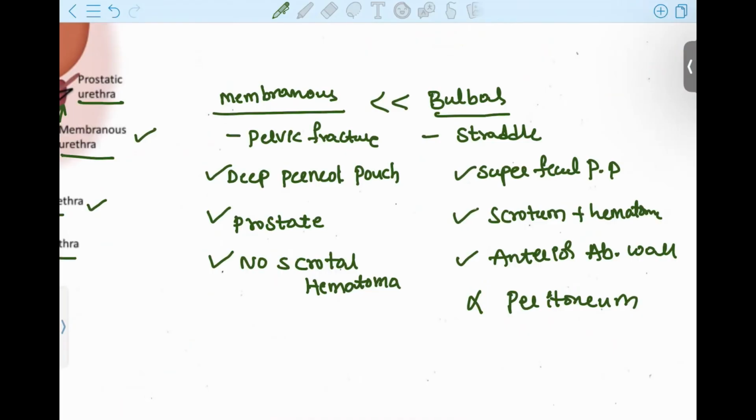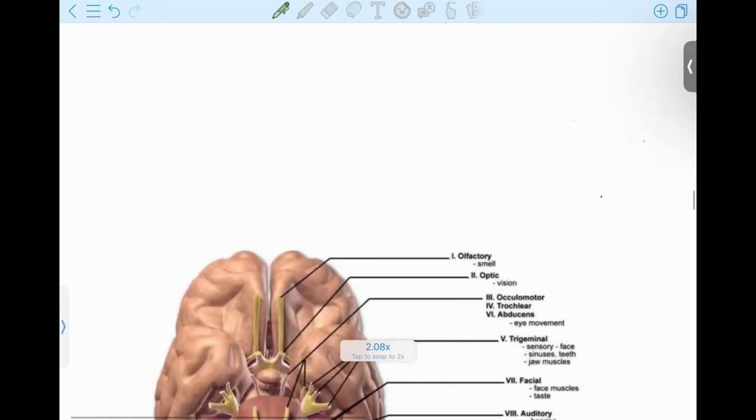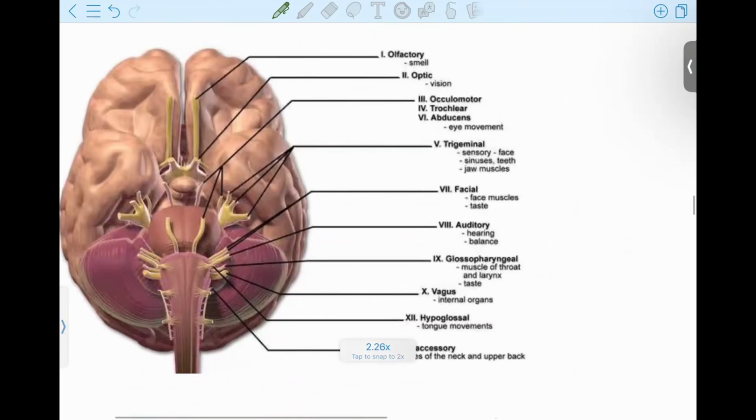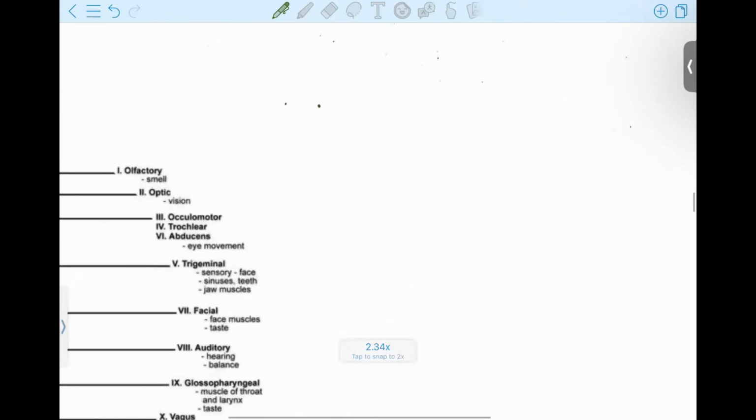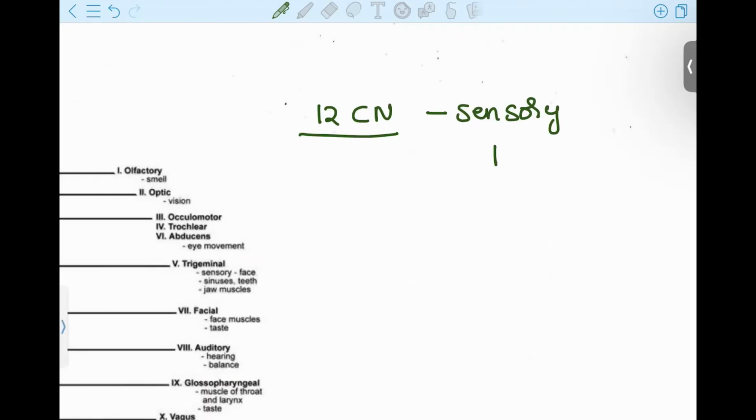And next, moving on to the nerves and their supply. We have the 12 cranial nerves, right? In the 12 cranial nerves, which are the purely sensory nerves? The sensory nerves are your olfactory nerve, your optic nerve, and your vestibulocochlear nerve. These three nerves are your sensory nerves.